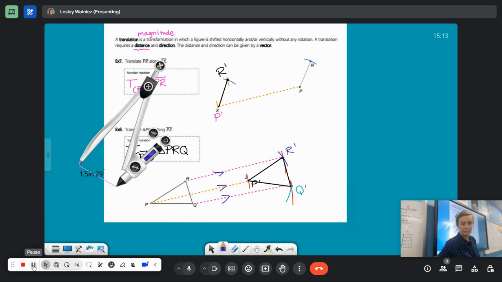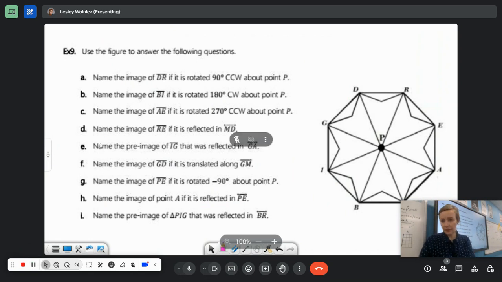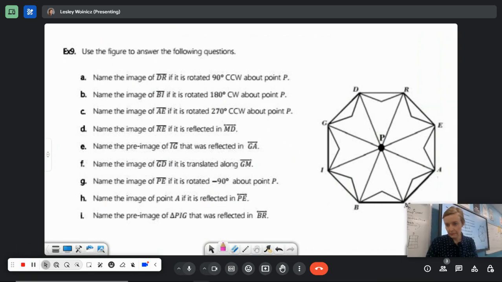Okay, so we get to use this cute little figure. We have to name the image of segment DR after it is rotated 90 degrees counterclockwise about point P. Well, how do we figure out what 90 degrees is? We kind of have to use some of our rotational symmetry stuff.